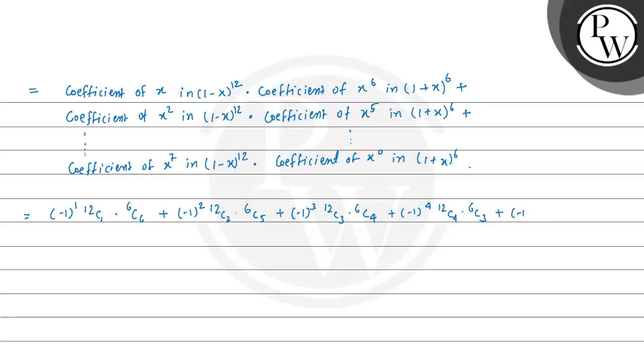Again (-1)^5 12C5 6C2, plus (-1)^6 12C6 multiplied by 6C1, plus (-1)^7 12C7 6C0. So there will be this many terms.